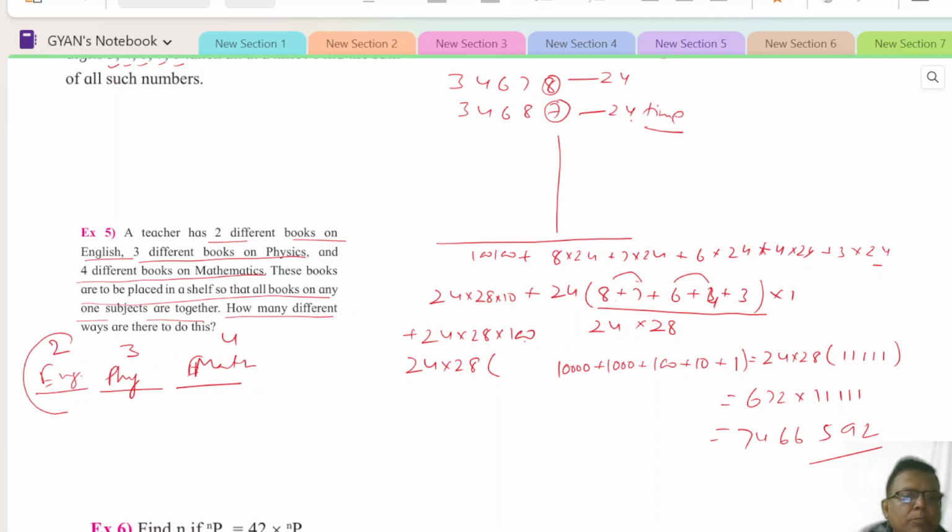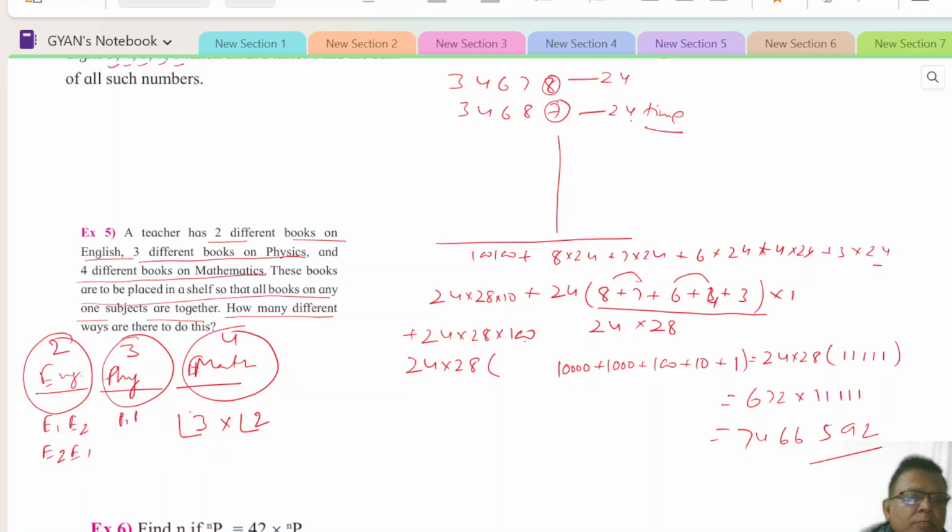Suppose you take this as one entity. So how many ways can this be arranged? That is factorial 3 ways. And suppose this is English 1, this is English 2. So now it can be written English 2, English 1. So these themselves can be arranged in factorial 2 ways.